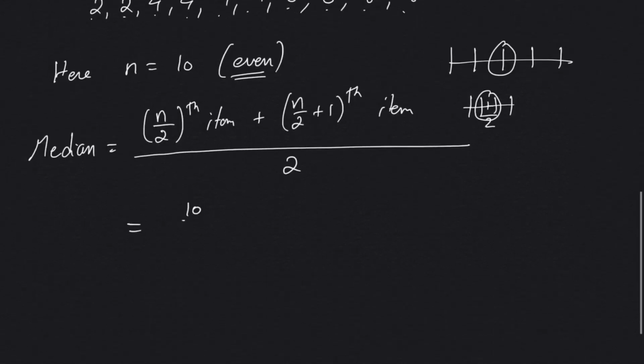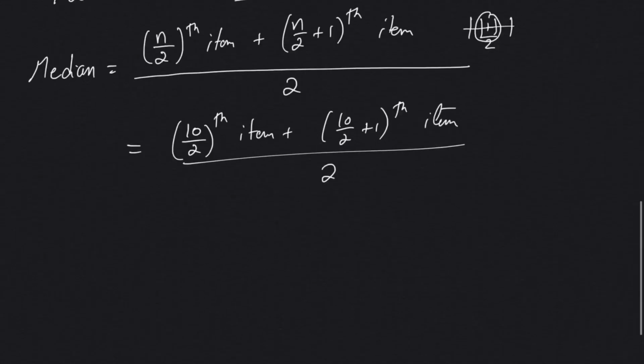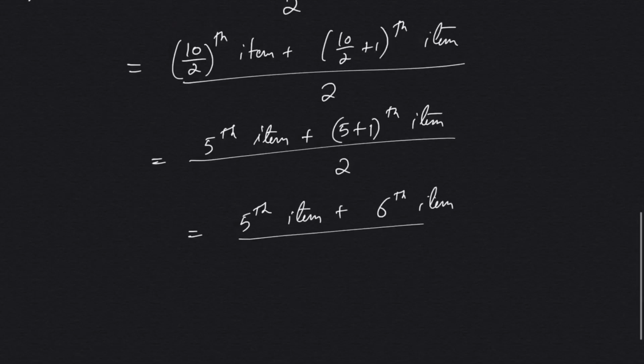So now n is 10, so it is the 10 by 2, the 5th item, plus the 5 plus 1, the 6th item, divided by 2.